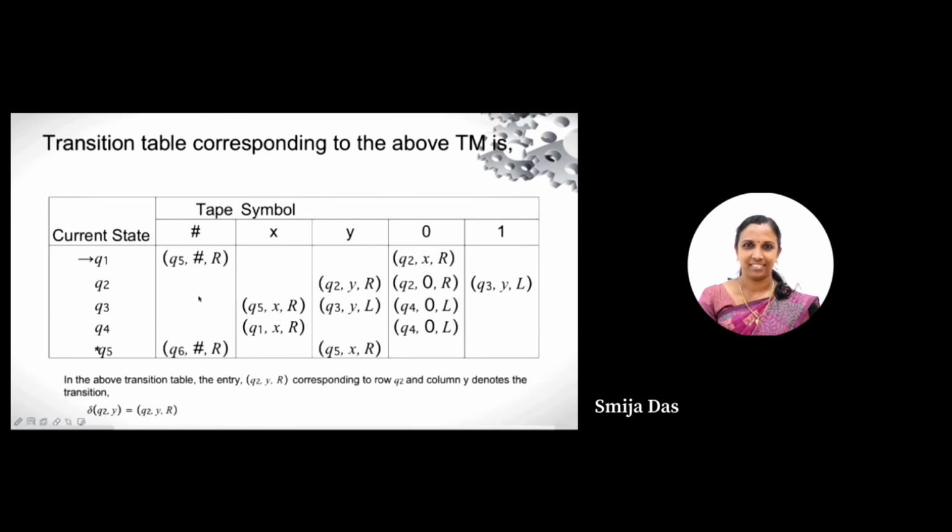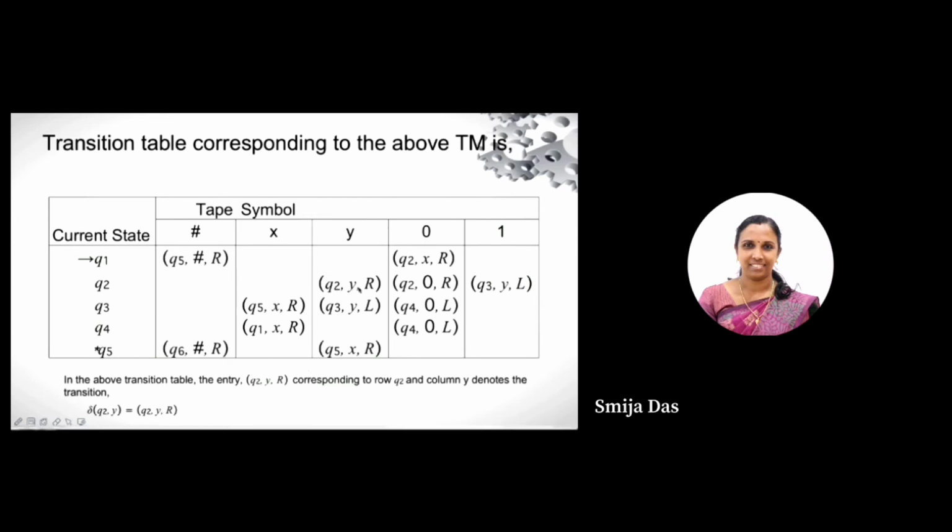In a transition table, in the case of a Turing machine, we are representing the current state along with the tape symbols. So we can take an example.